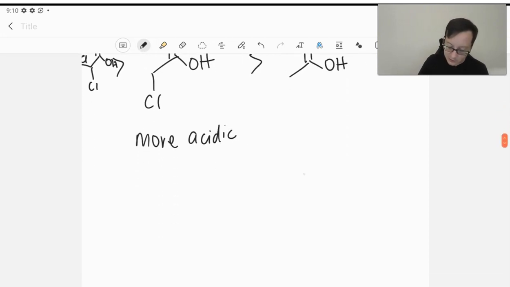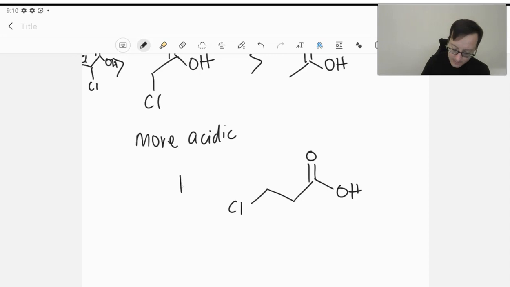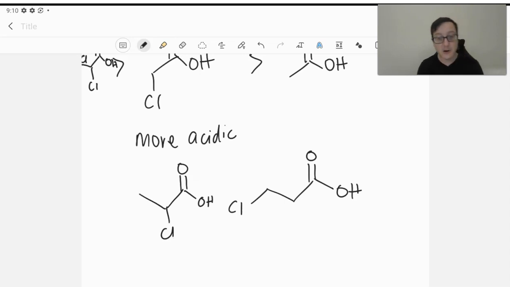And as we know, induction does decay over distance. So having the chlorine way over there versus having the chlorine directly on the alpha carbon, as it's called, we'll see that the closer the chlorine is, the better. So we want our inductive groups to be closer.